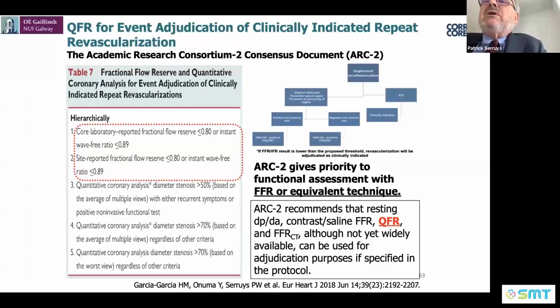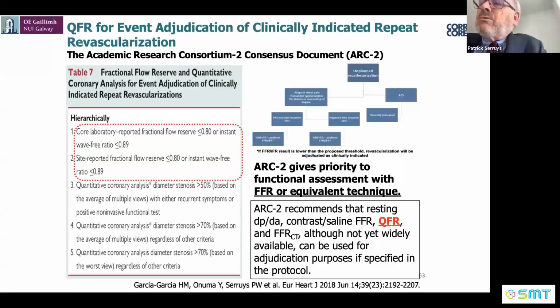As you could see, in table 7, it is advised to use either iFR or FFR for the adjudication, but of course it's much easier to do with the QFR.